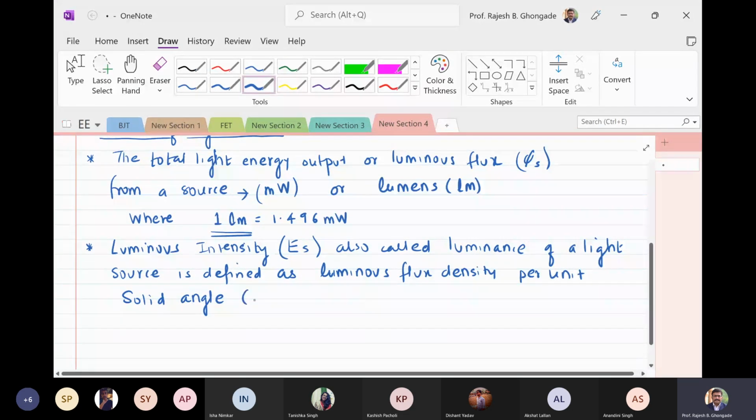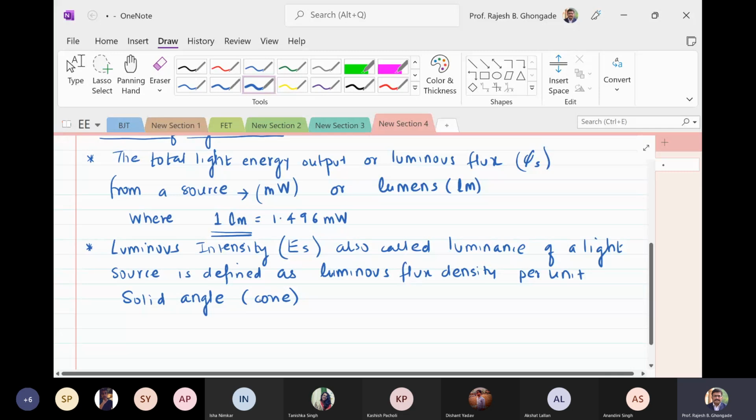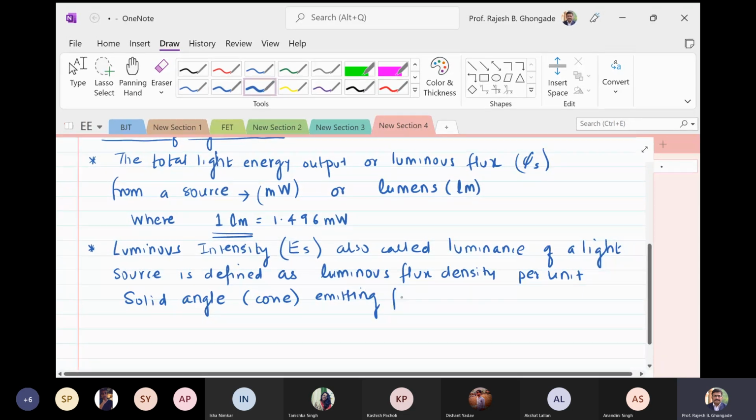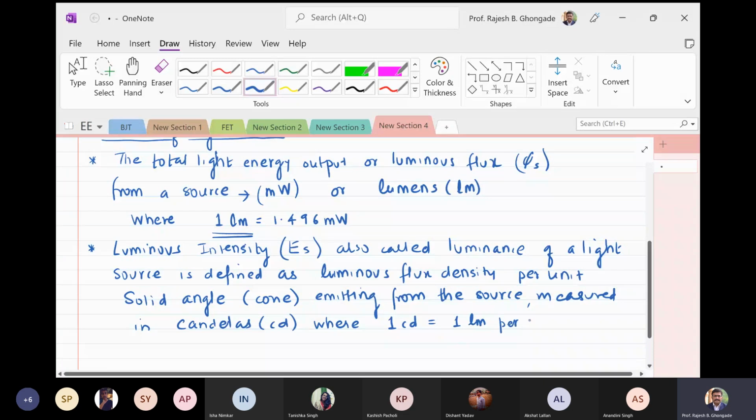A solid angle is, you can think of it as a cone emitting from the source, and it is measured in candelas, CD for short, where 1 CD is equal to 1 lumen per unit solid angle.